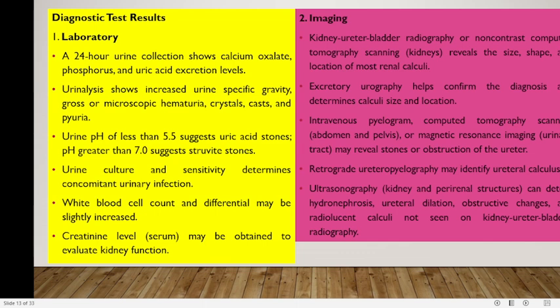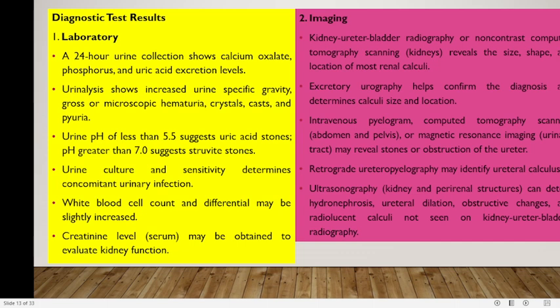So what are the diagnostic tests for kidney stones? Number one, laboratory. Number two, imaging. On number one, we have a 24-hour urine collection that shows calcium oxalate, phosphorus, and uric acid excretion levels.